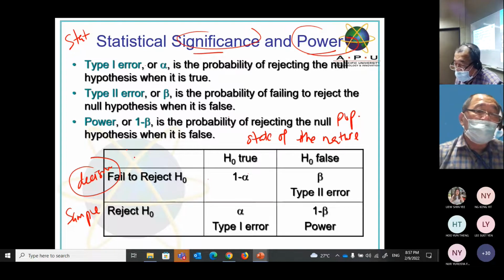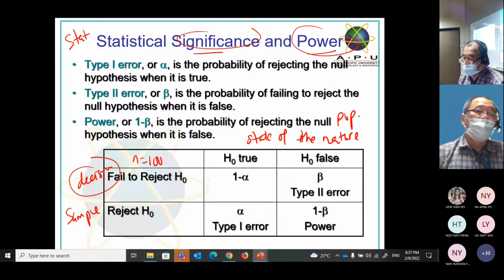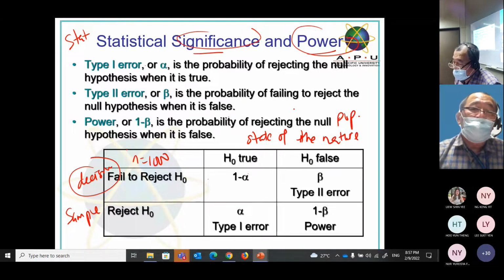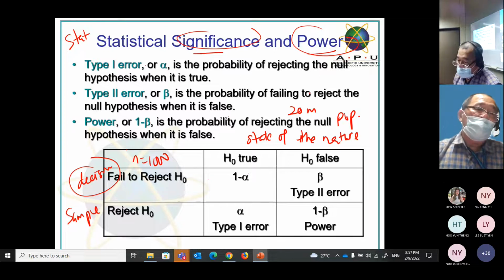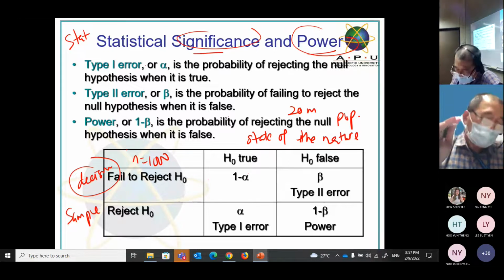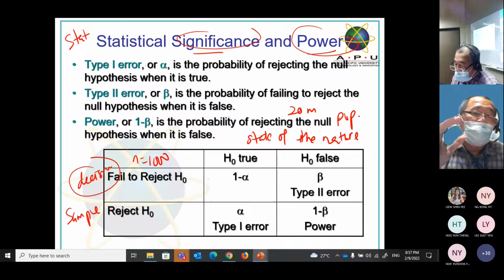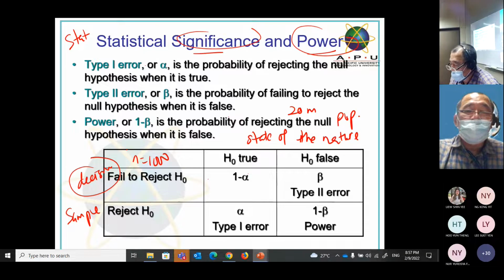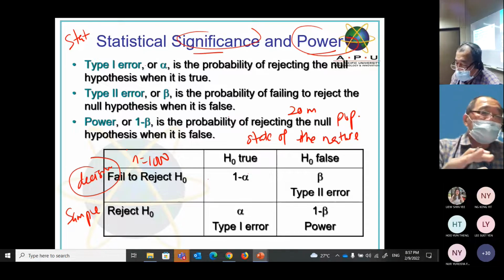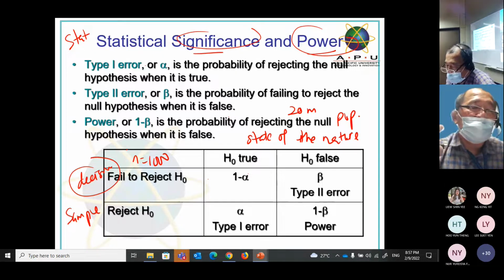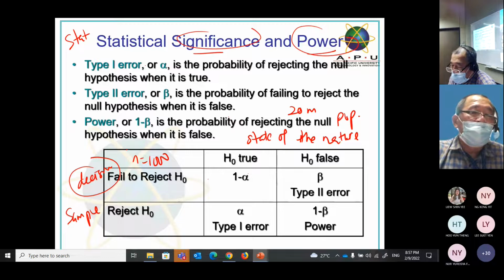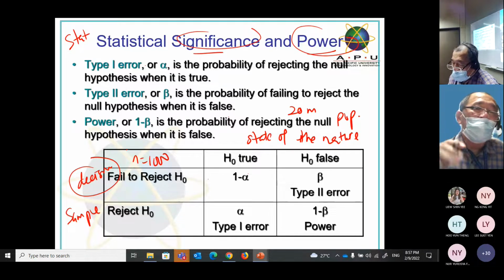For example, you get a sample of 1,000, but the population may be 20 million people. Therefore, you use the sample, but you want to make a conclusion about the population. Therefore, the decision is actually subject to error. Of course, what we can do is try to get a good sample that can represent the whole population.